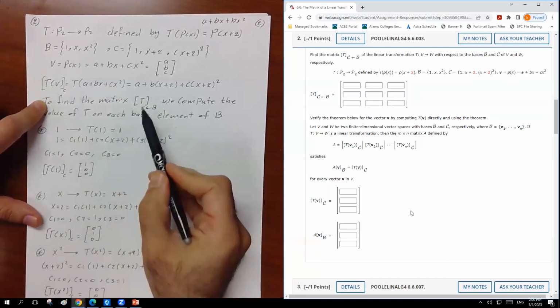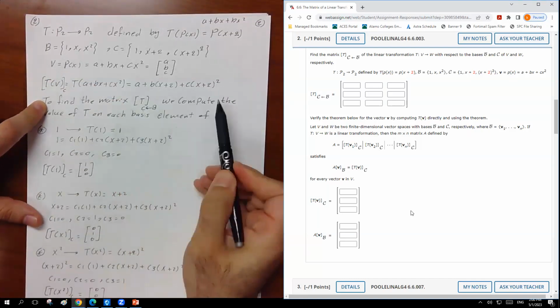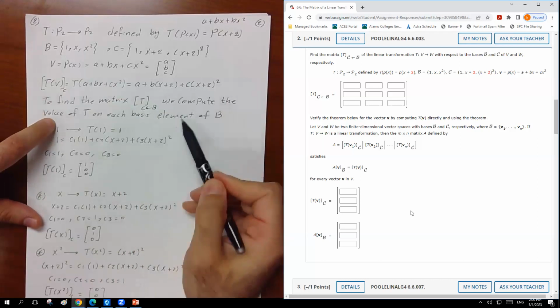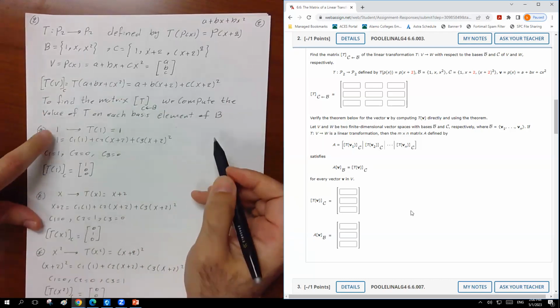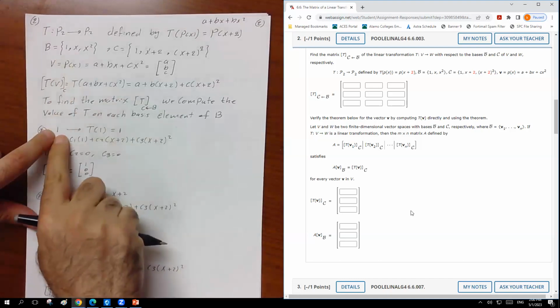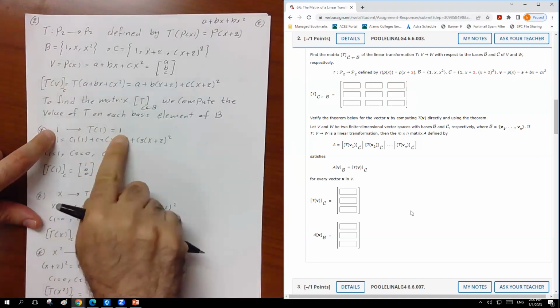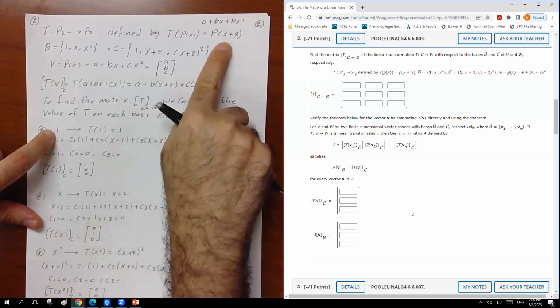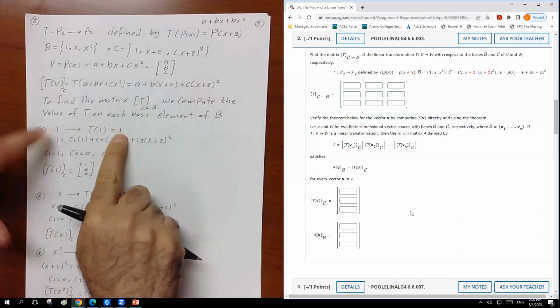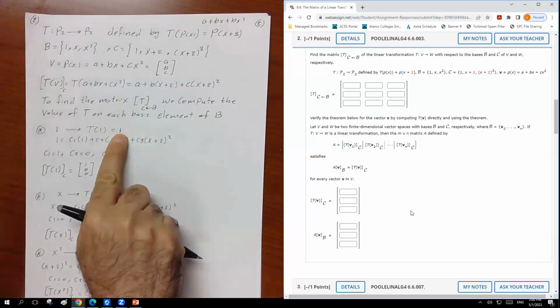Now to find the matrix T from B to C, we compute the value of T on each base element of B. The first element of B equals 1. The transformation of 1 is going to be 1, because we don't have x, so I can't plug in x plus 2, because it's just a number, the constant 1.